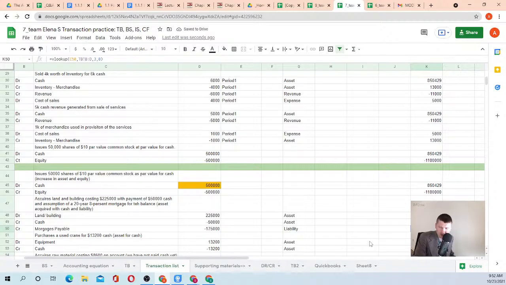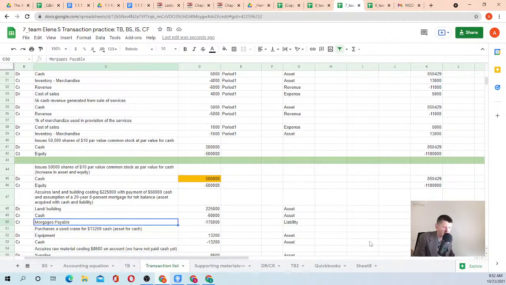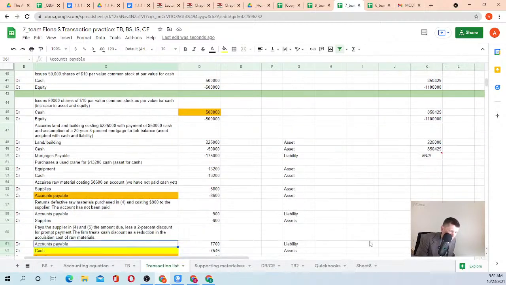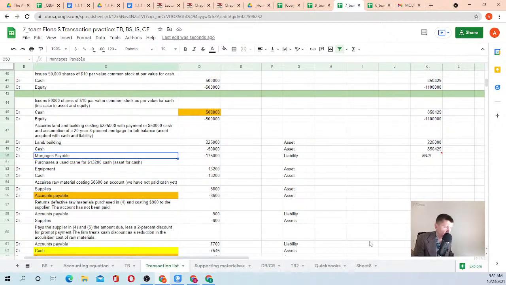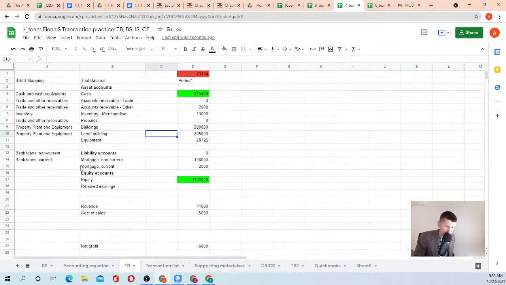Okay, we also got mortgages payable account here. We can call it that way, but I haven't seen a term payable used with mortgages frequently. But let's assume that these are two different mortgages with the previous one and we want to show them separately for some reason.